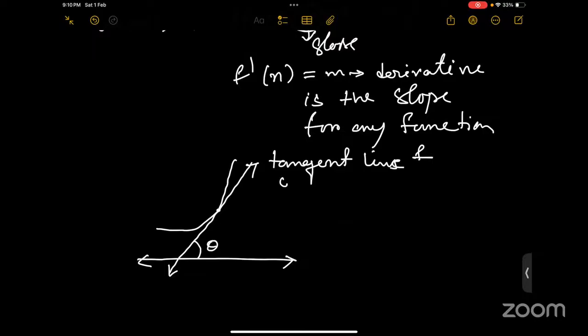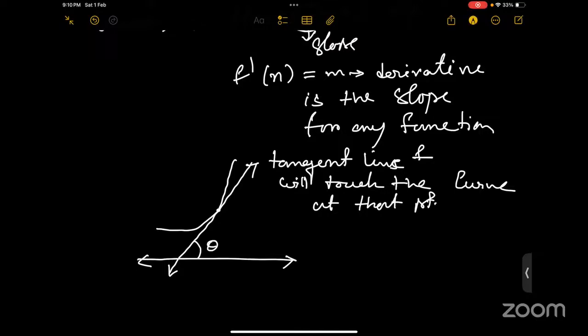Tangent line will touch the curve at that point. Okay. And the tangent line will make an angle theta with the x-axis. Okay. And slope is defined by m equals tan theta.